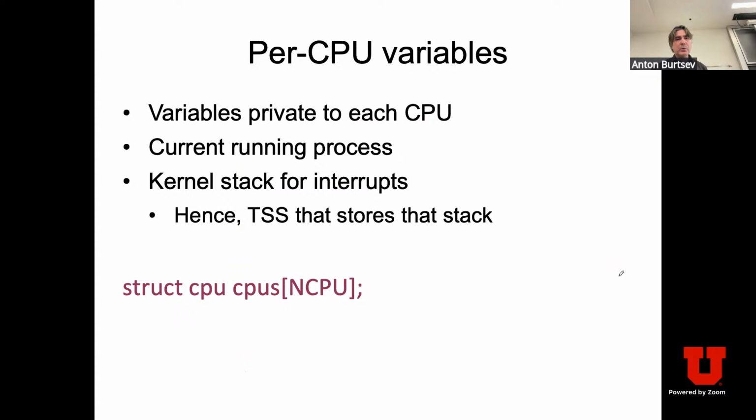Sure. So in general, those variables which are kept in the CPU data structure are called per CPU variables. There are different ways to implement those per CPU variables, but in x86 it's simply an array which you index with the CPU ID, meaning that each CPU will have a collection of private fields.